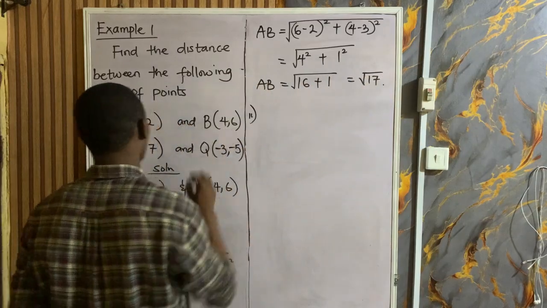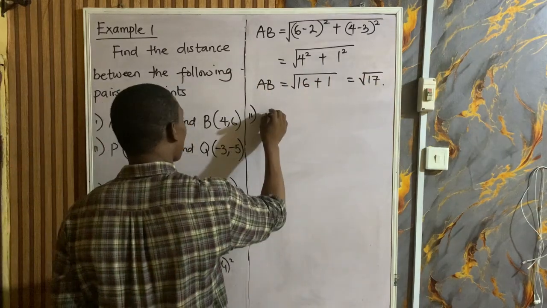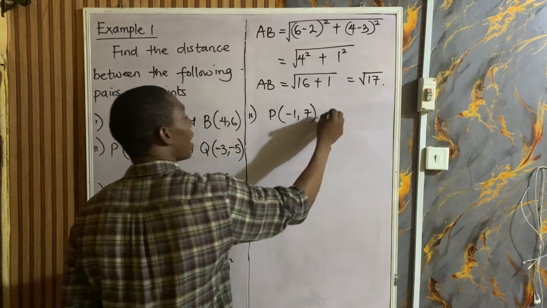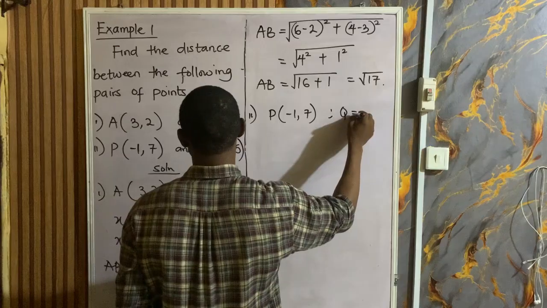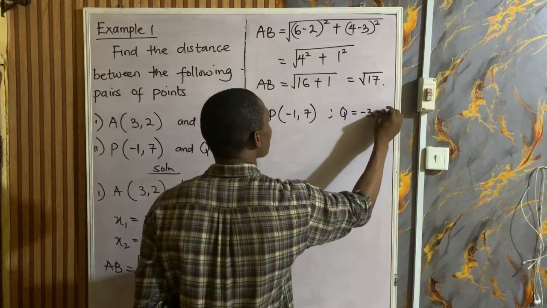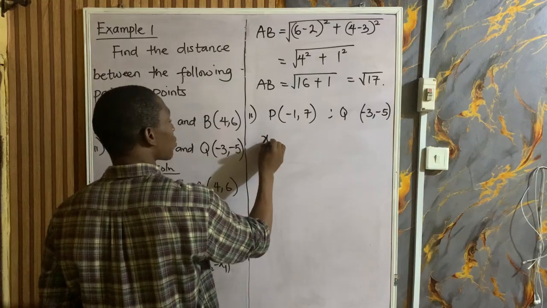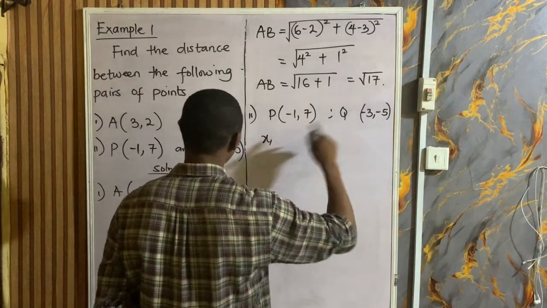Number 2, we have P and Q. We are given that P is (-1, 7), and Q we are given as (-3, -5). And so we can see that x1, y1, x2, y2 is always like that.